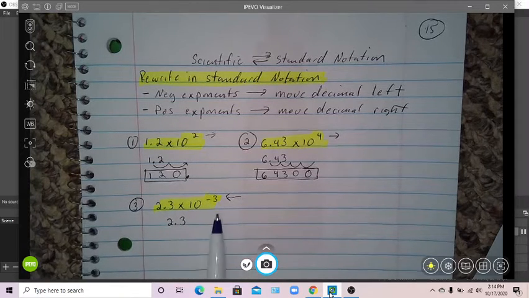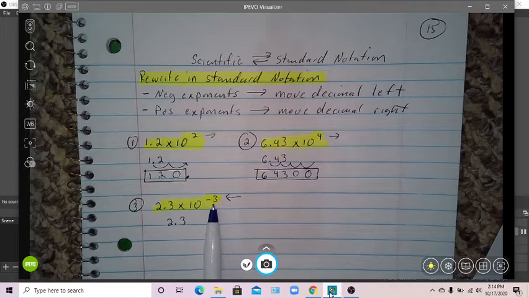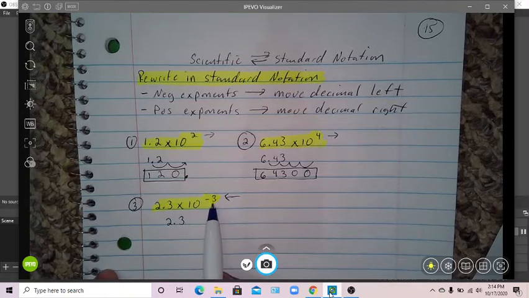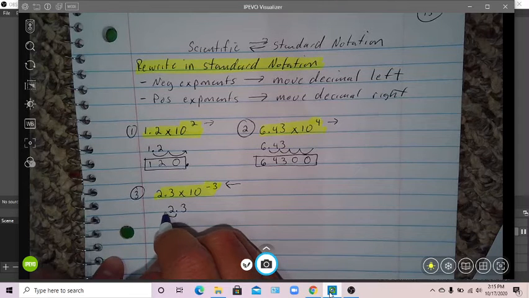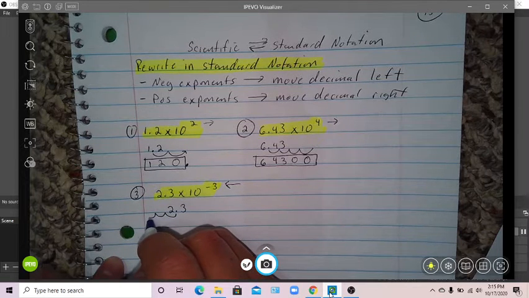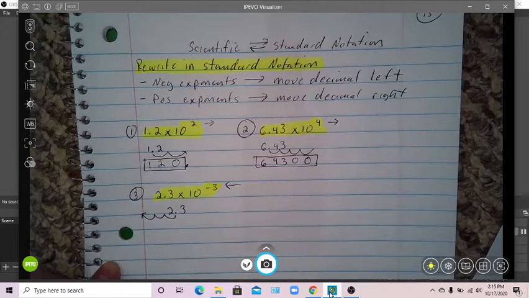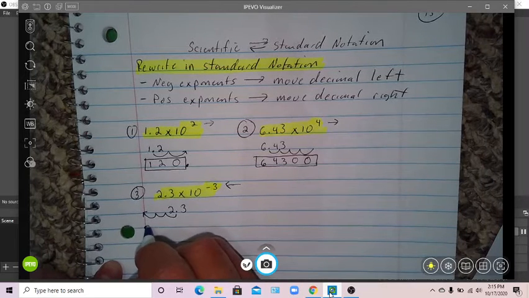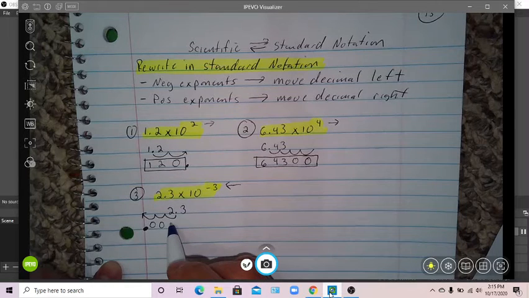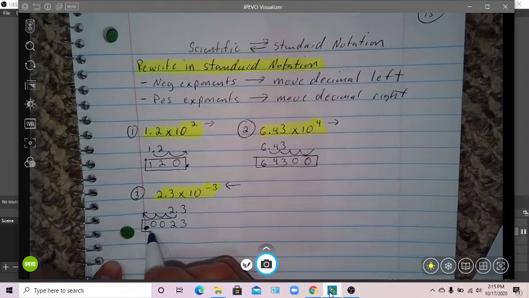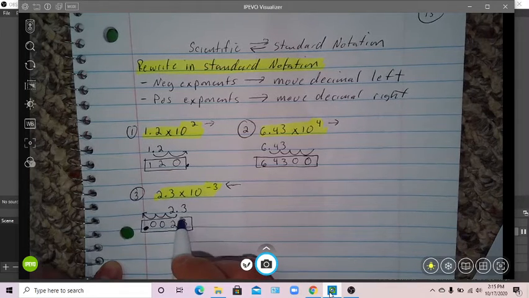I need to move it to the left 3 spaces. Okay, because the exponent is 3. So let's move it to the left 3 spaces. 1, 2, 3. So there's where the decimal is going to be. So I'm going to put the decimal right there. Empty slot. Empty slot. Then I have a 2 and a 3. So you're going to type in 0.0023.